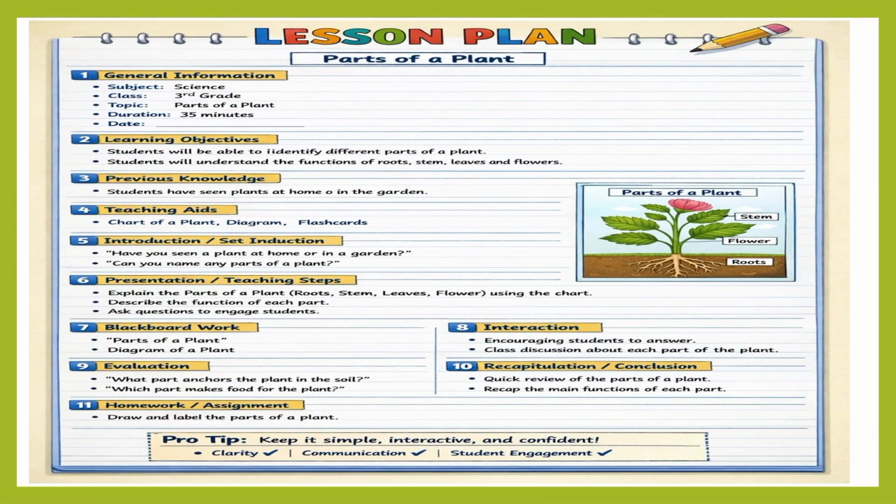Now I share with you a lesson plan on parts of a plant on the basis of the components of lesson plan that we have discussed in this session.